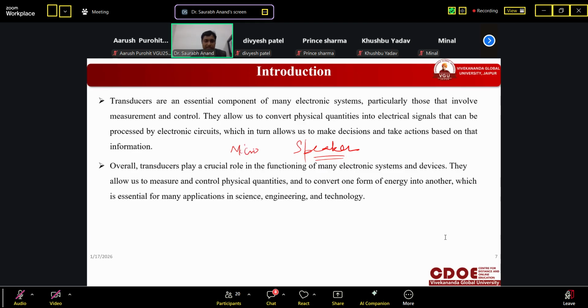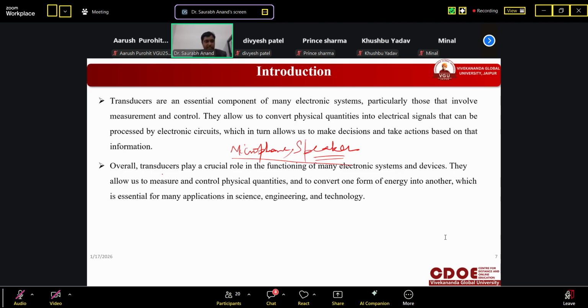Microphone is also a transducer. Okay, so we can say that without transducer, so many systems are not possible. It is a very essential and important component of any electronics, right?